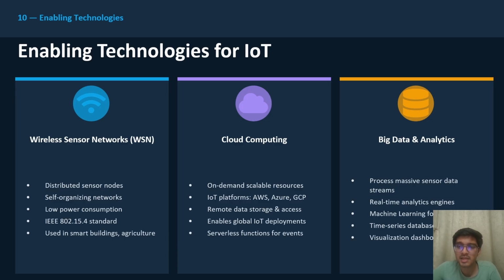Next, cloud computing platforms like AWS, Azure or GCP provide elastic storage and compute for billions of IoT data points. Then big data and analytics. Tools like Apache Kafka and InfluxDB process massive data streams in real time, and machine learning models turn raw sensor readings into predictive insights.